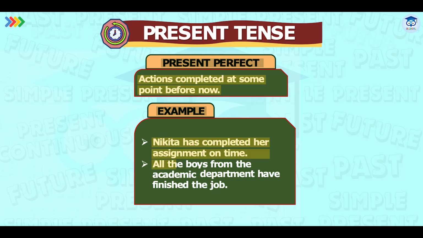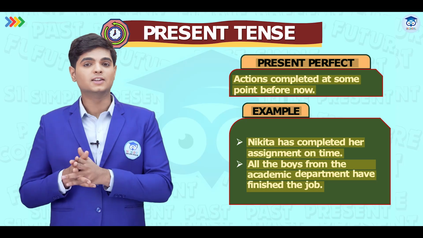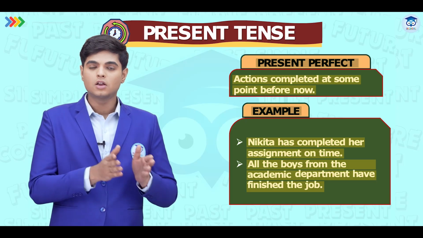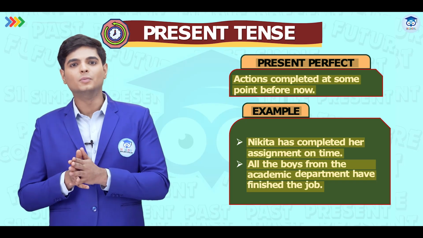Another one, all the boys from academic department have finished the job. Here, the task is over, but the focus is on the outcome. The structure for forming present perfect sentence is subject plus has or have plus past participle form of the verb.